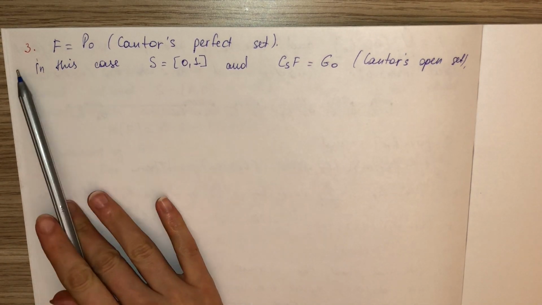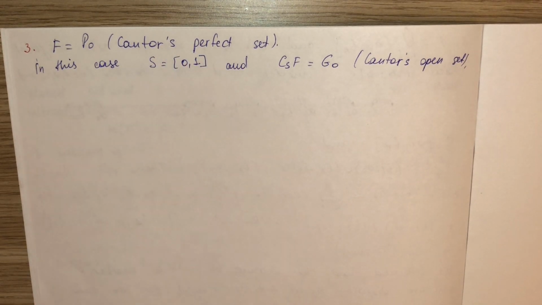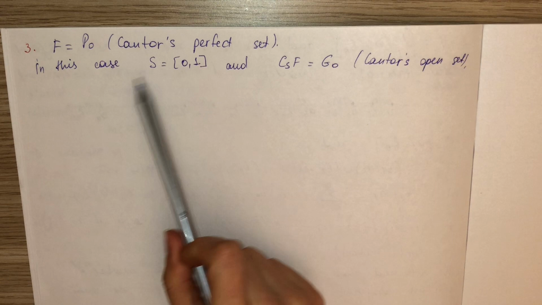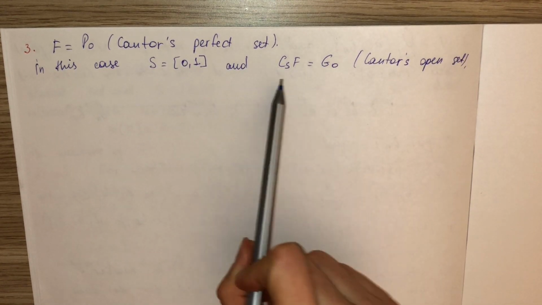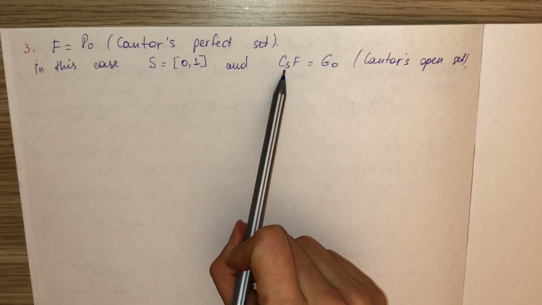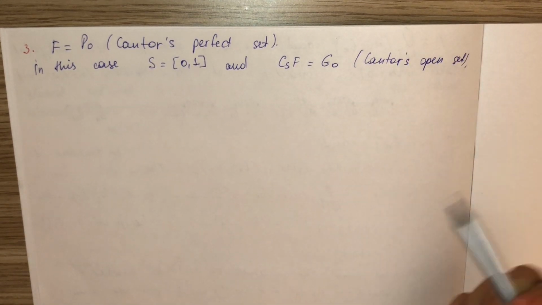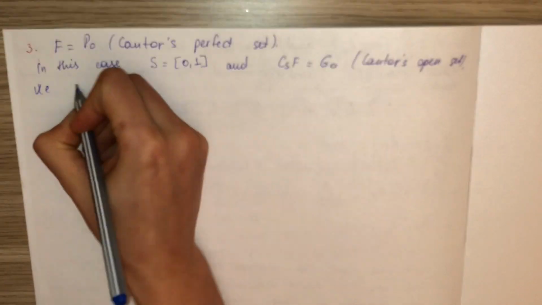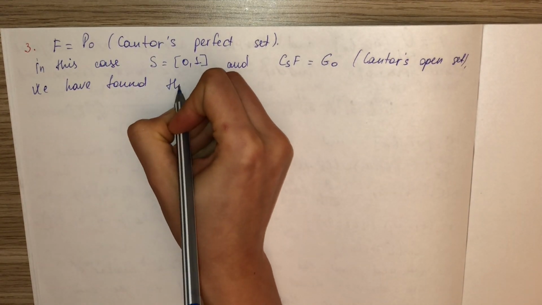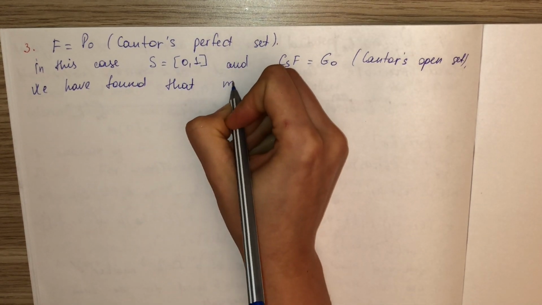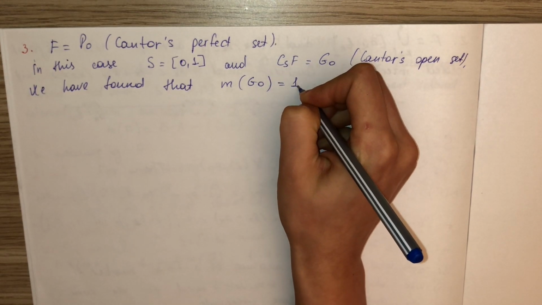Look at our third example. Let's consider Cantor's perfect set. What does it mean? It means that our set S is the unit segment [0, 1], and the component of F with respect to S is G0, which is Cantor's open set. We have found in our previous lessons that the measure of G0 is equal to 1.